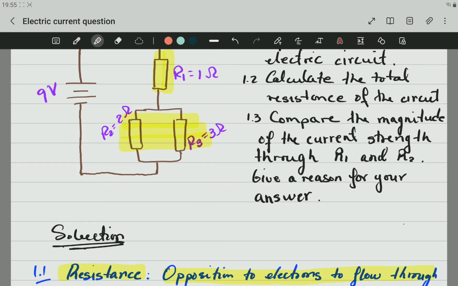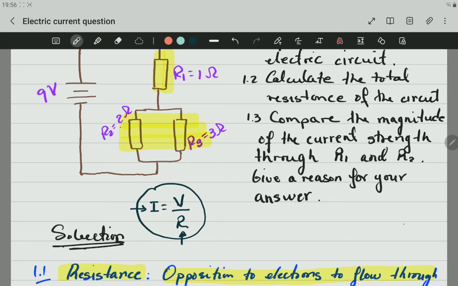Now, in grade 11, we are going to do this one in more detail, but you will learn a formula that says I is equal to V over R. So what you need to know, in the parallel circuit here, is that the one that has the greater R will have a smaller current. The one that has the smaller R will have the greater current.